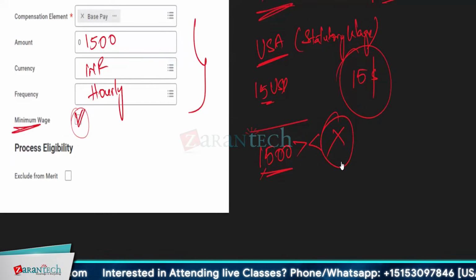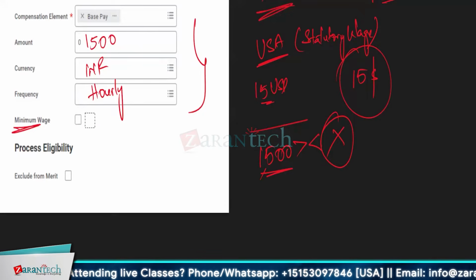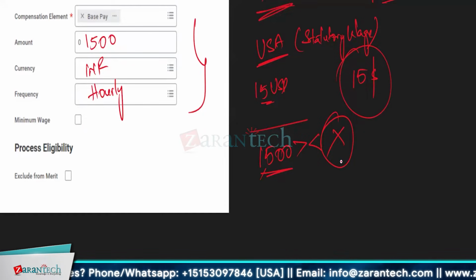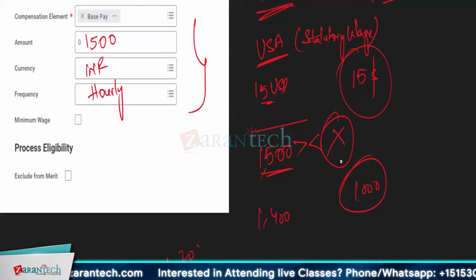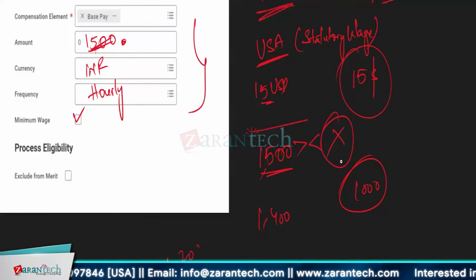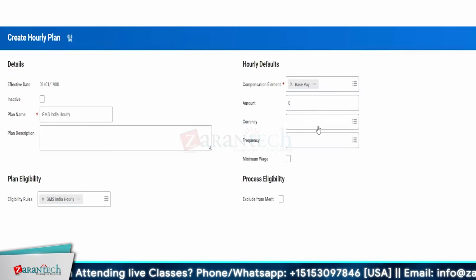If you have not selected minimum wage here, then you can provide the employee 1,400 or 1,200 or 1,000 as the wage. There is no restriction. But if you select minimum wage and enter an amount over here, that means you will have to pay the employee at least this amount, and Workday will not accept anything less than that particular amount. Does it make sense? All right.